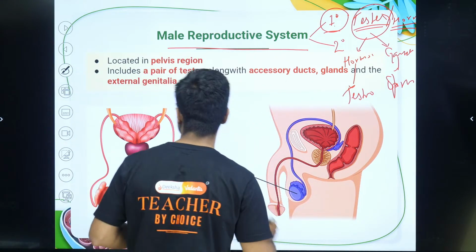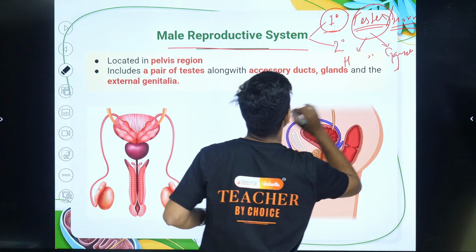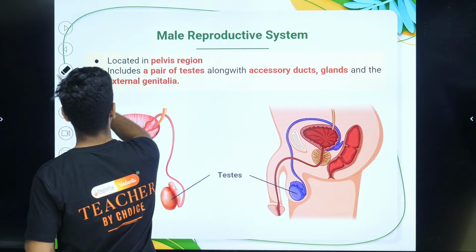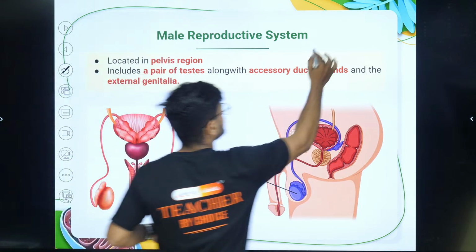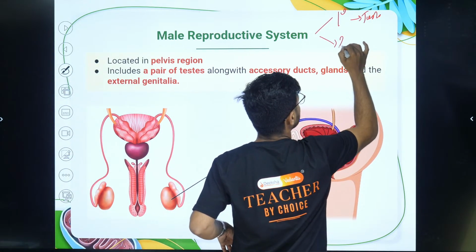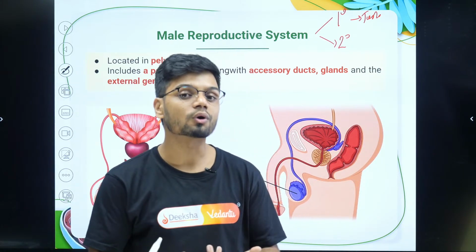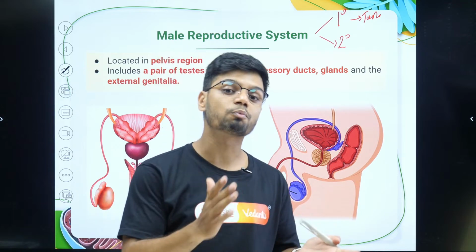Now what are the secondary structures? So primary is your testis. Secondary structures are structures which help in support, supporting or transporting of sperm.